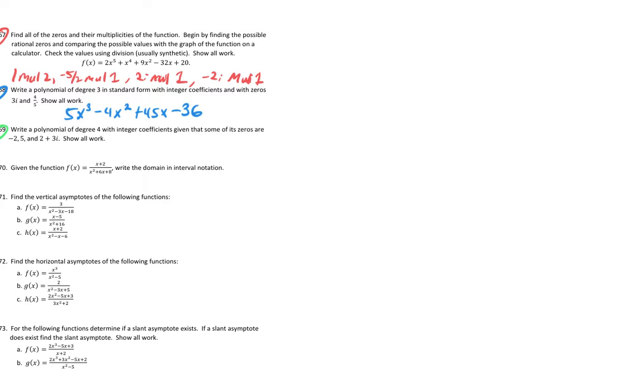Write a polynomial of degree 4 with integer coefficients given that some of the zeros are negative 2, 5, and 2 plus 3i. Show all work. So again, they've given us an imaginary root, so we automatically know that we already have 4 roots.